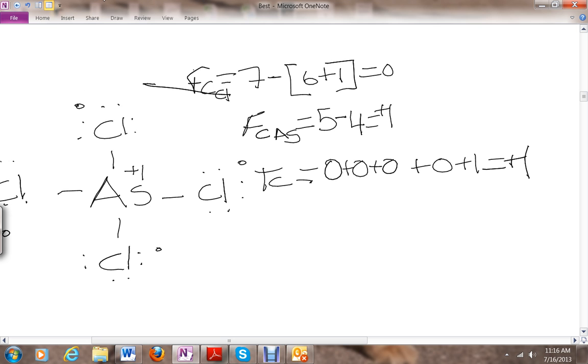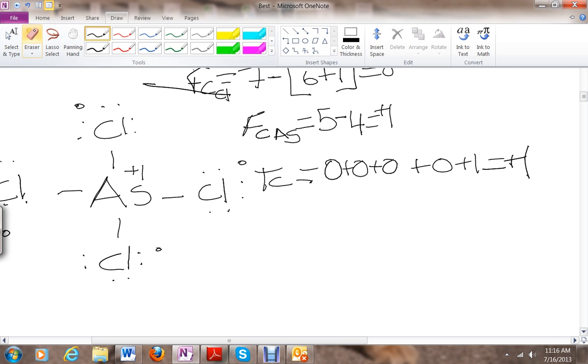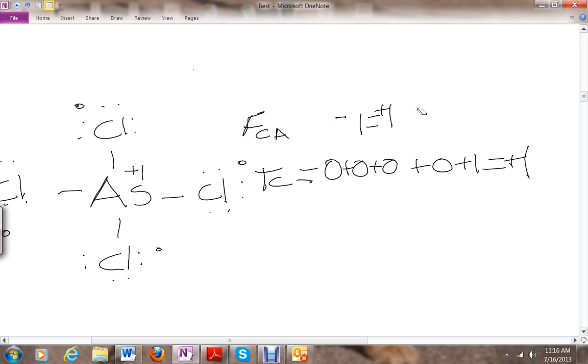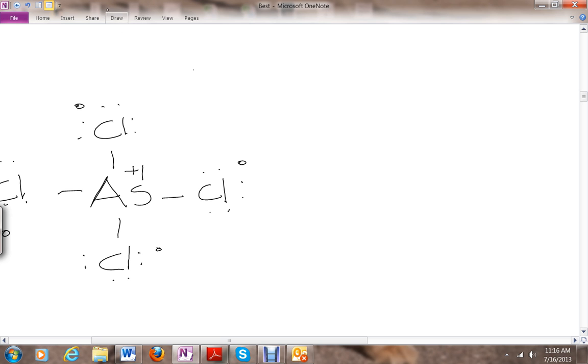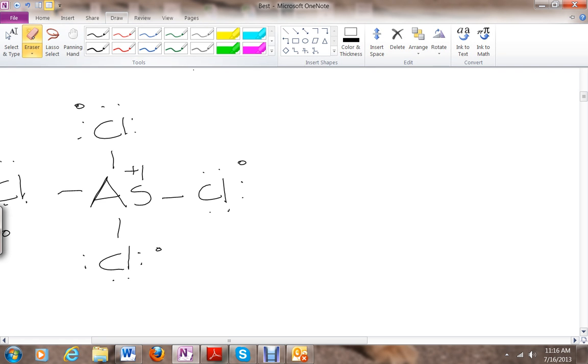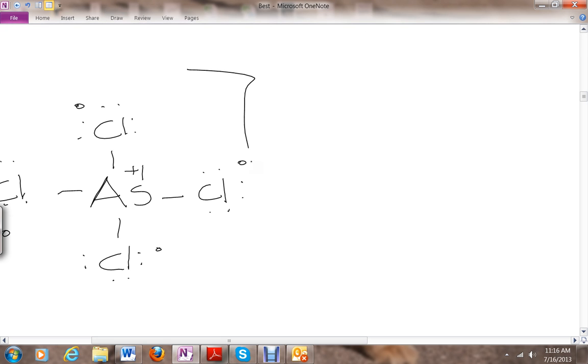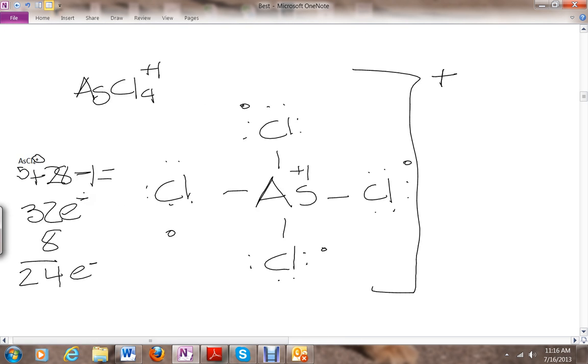Let me erase the formal charge here. I'm not going to draw the structure again. And it's going to be plus 1, right? And plus 1.